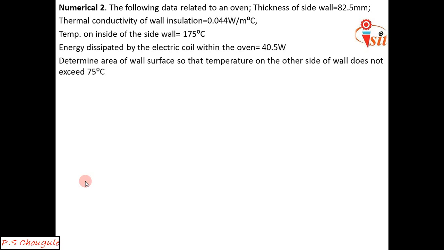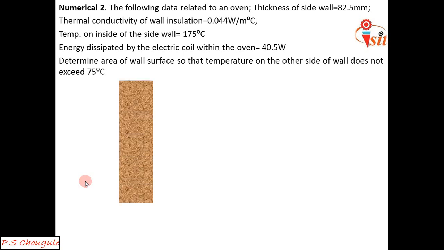So let's draw the diagram which we have drawn previously. Here it is the thickness of the side wall of that oven. The inside temperature is 175 degrees Celsius and the outside temperature is 75 degrees Celsius. So heat will flow from 175 degrees Celsius to 75.